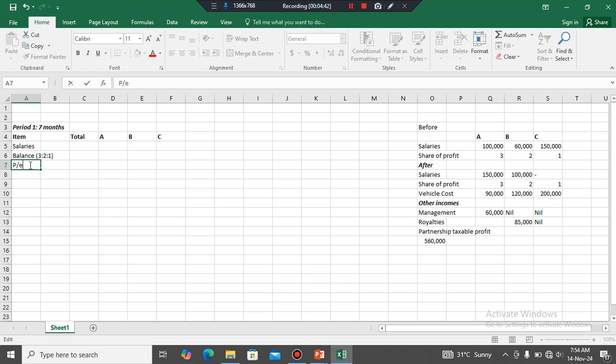And then here you say period and total. What we need to do now is get the total adjusted taxable profit for the year, which was 560,000. What we're supposed to do is apportion it across 7 months.